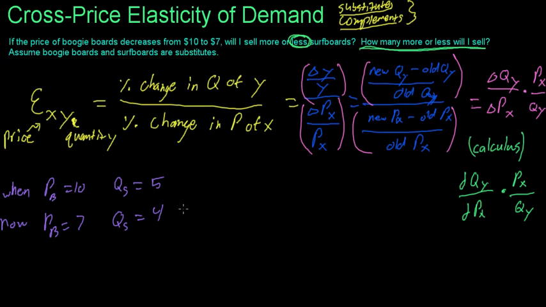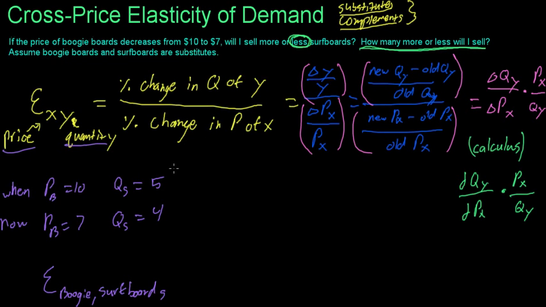So let's go find the cross price elasticity, boogie boards, comma, surfboards, just to keep this notation similar. So the price of boogie boards is changing and we're wondering about the quantity of surfboards. So we have the percentage change in the quantity of surfboards.